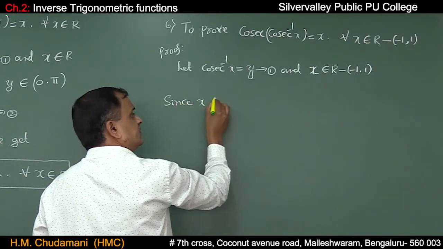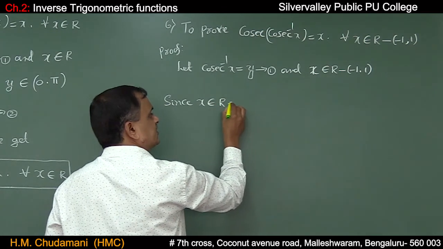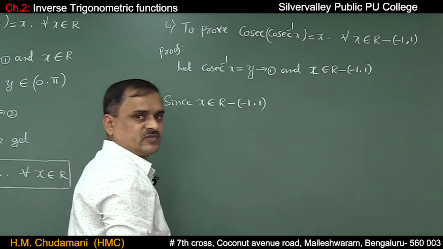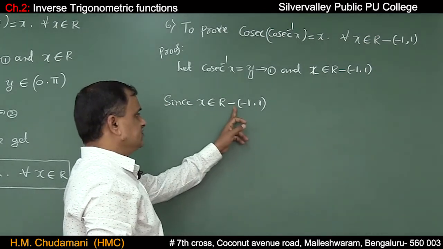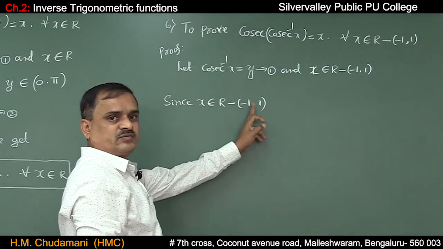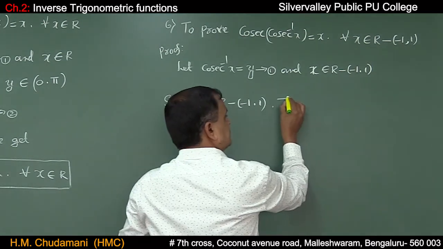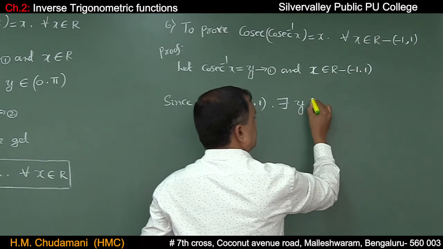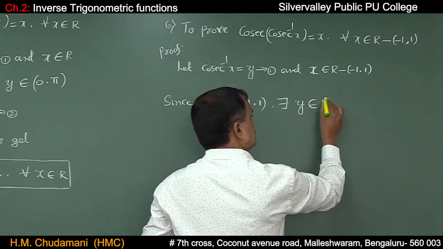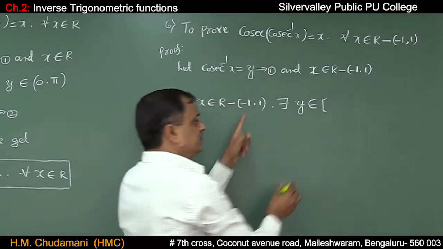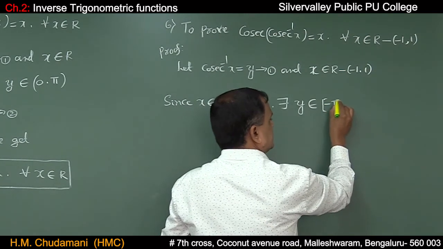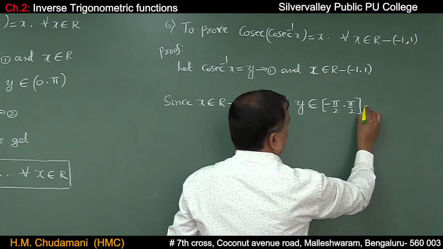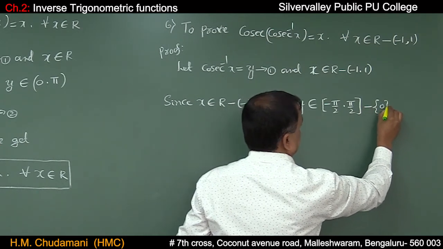Since x belongs to the real numbers except minus 1 comma plus 1, real numbers minus the open interval minus 1 comma plus 1, there exists a unique y belongs to, for cosecant, minus pi by 2 comma plus pi by 2 except 0.